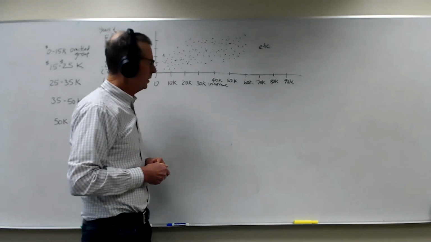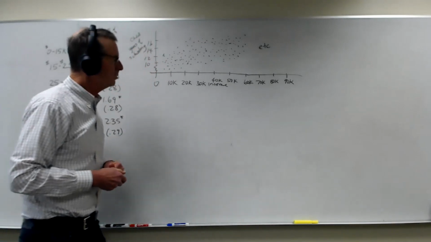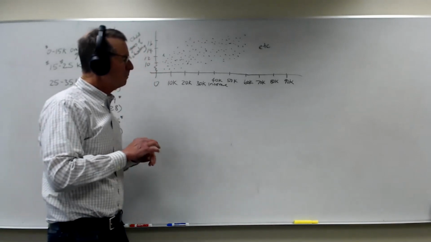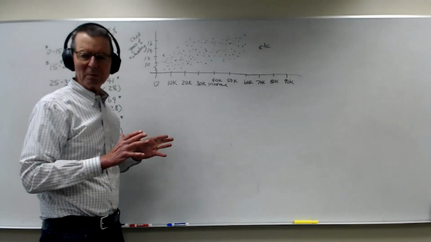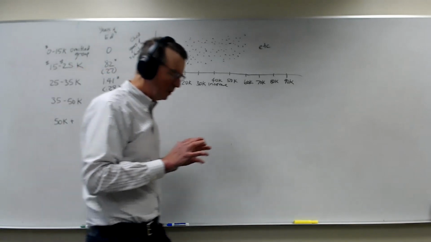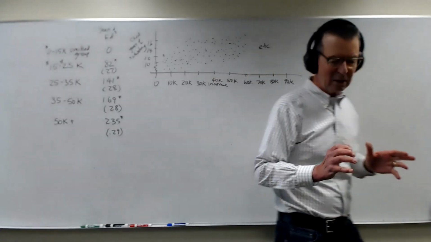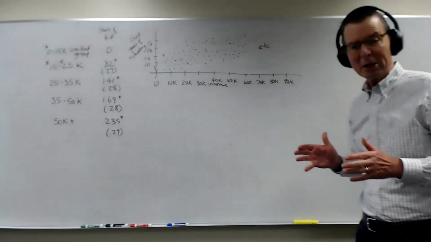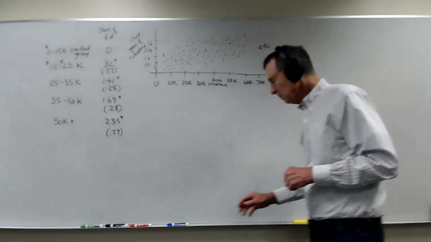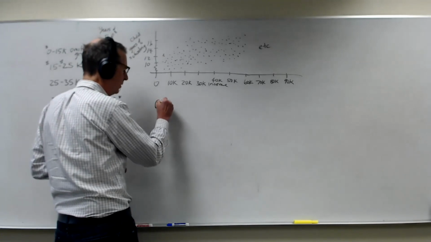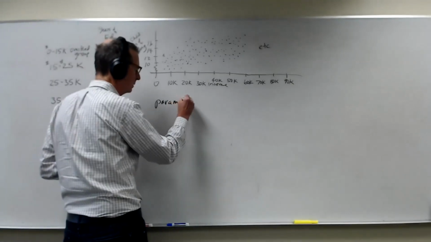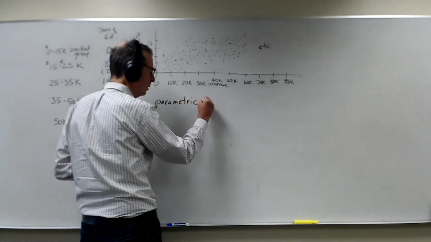So what dummy variables enable you to do is to free yourself from any particular functional form. When you've got a functional form like linear or log linear, that's called a parametric approach.